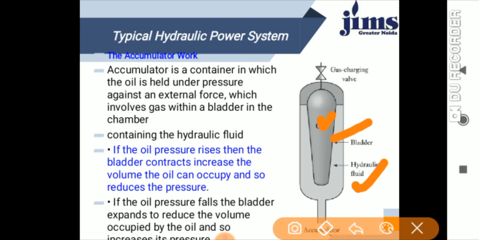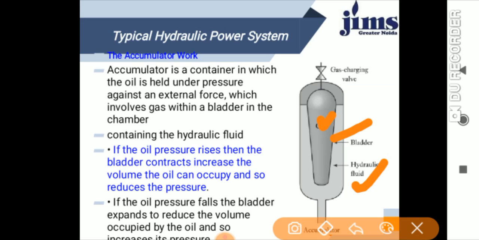If the oil pressure rises, then the bladder contracts, increasing the volume the oil can occupy, so it reduces the pressure.